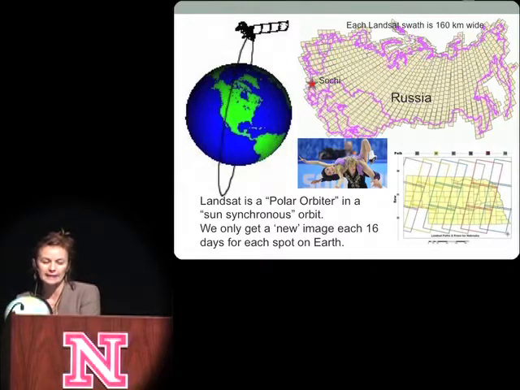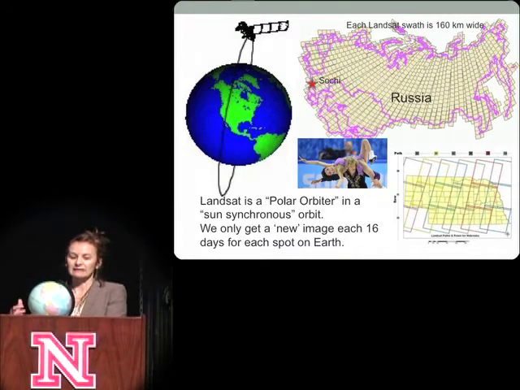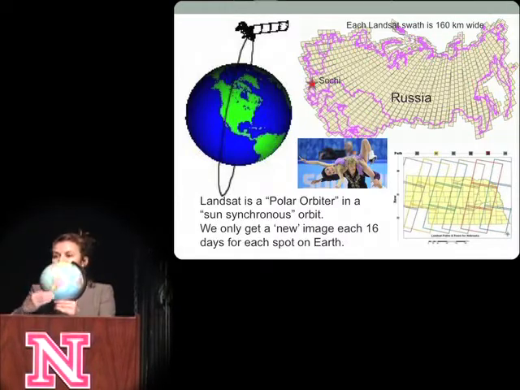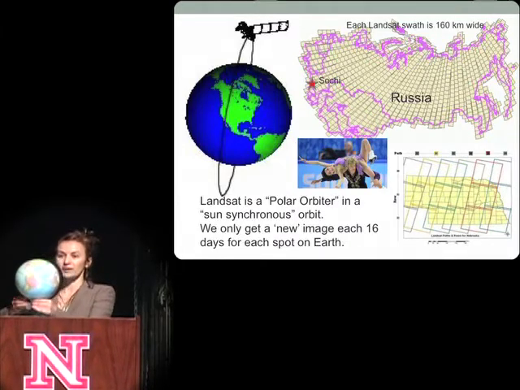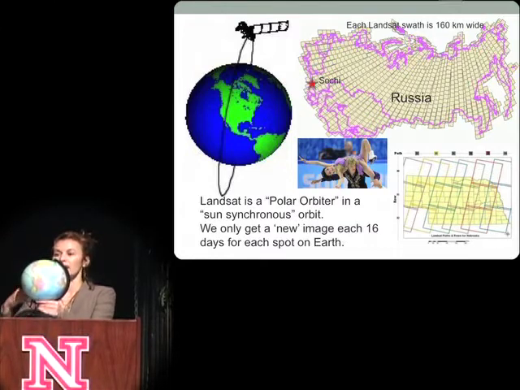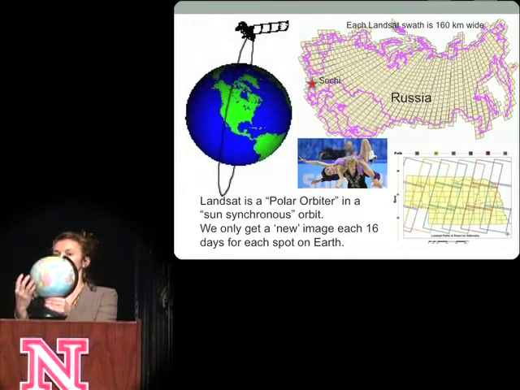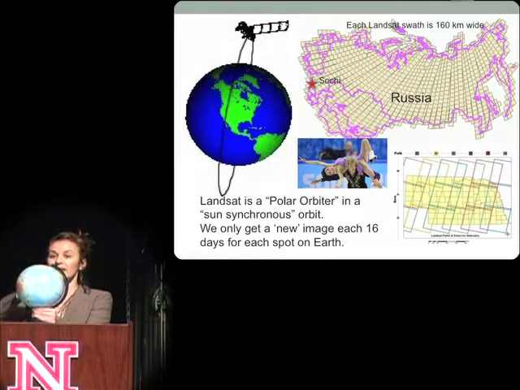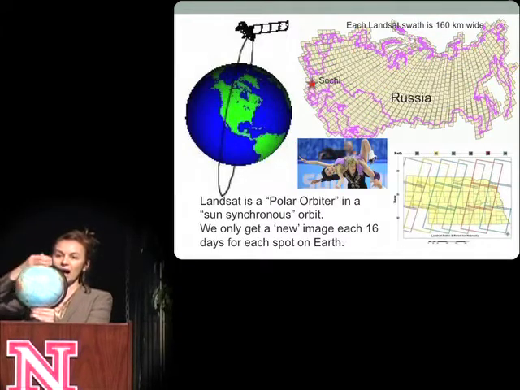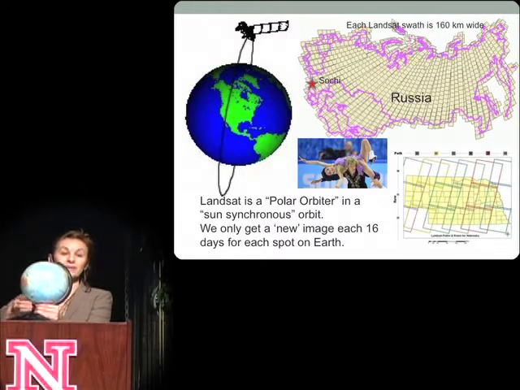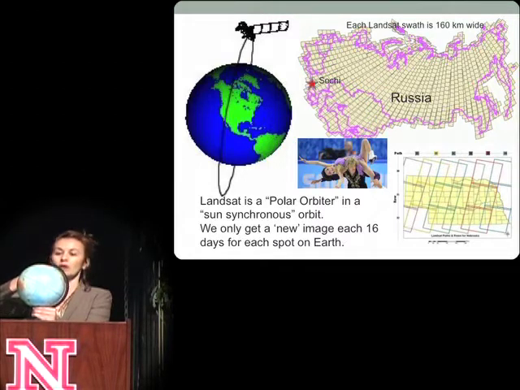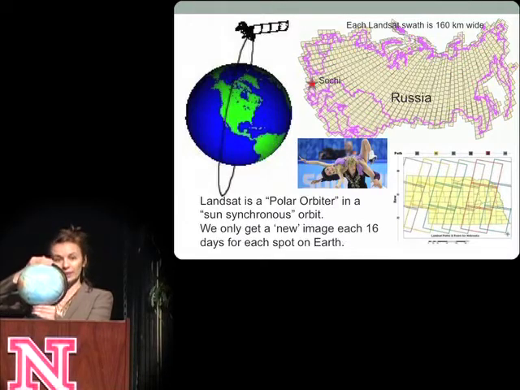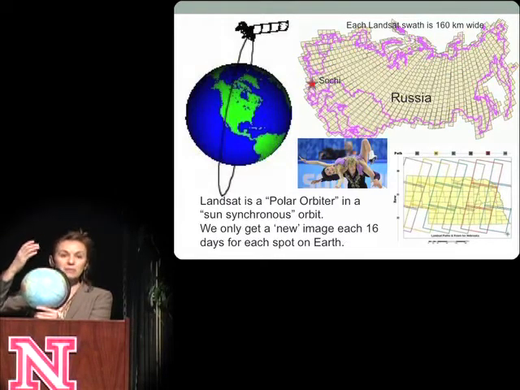So it's a really detailed data set, and the satellite is a polar orbiter. That means that it's orbiting the Earth from north to south, and while it's orbiting, the Earth rotates. Each time, the Landsat orbit takes 90 minutes.